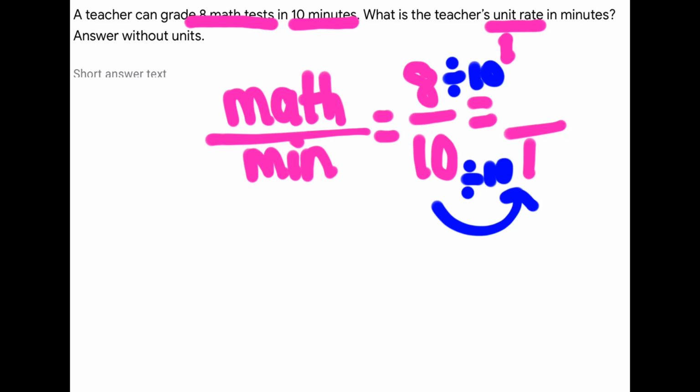We are going to get a decimal, but whatever we get up here is how many math tests she will grade in 1 minute. You are going to answer this without units. So you are only going to put in your answer.